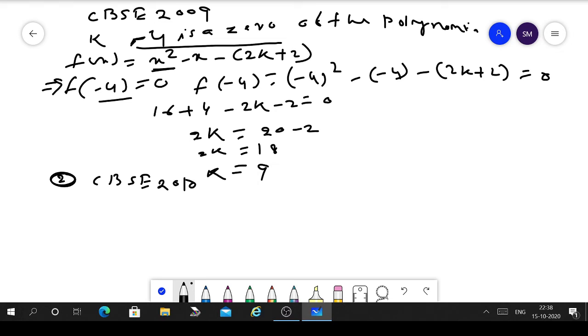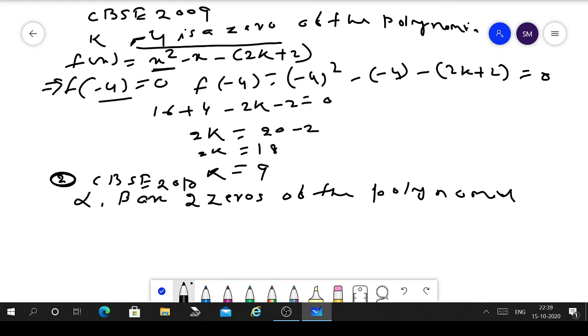If alpha and beta are the zeros of the polynomial such that alpha plus beta is equal to -6 and alpha into beta is equal to -4.